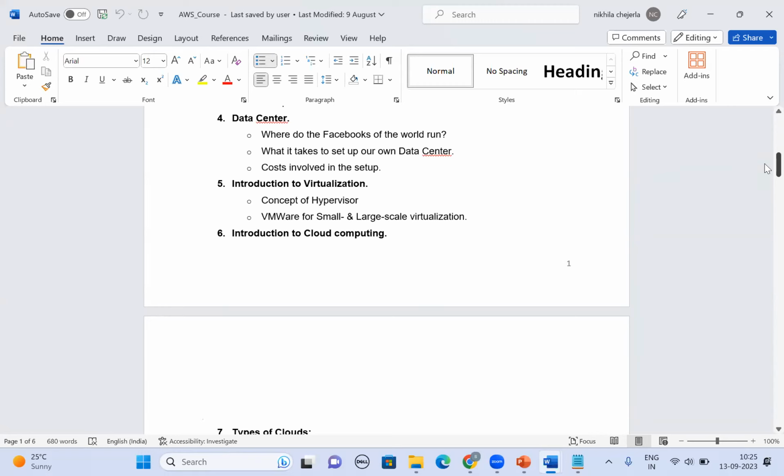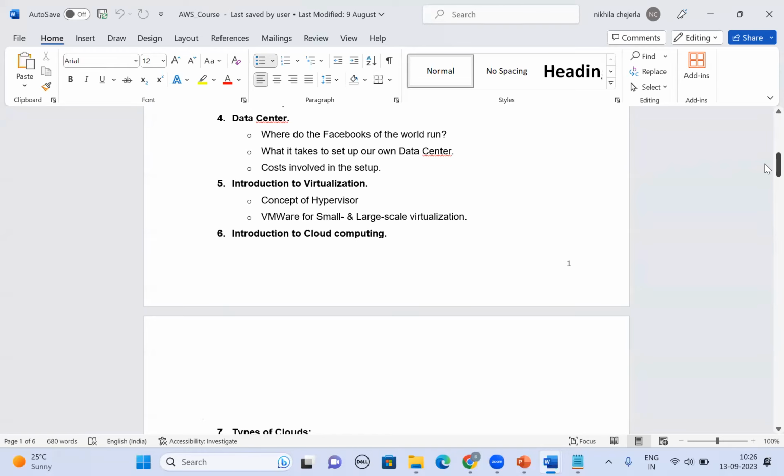Right. So let me tell you what virtualization means. In your home, you will have your own personal PC or laptop. You are the only one using it. When you are using it, no other person in the family will be able to use it.